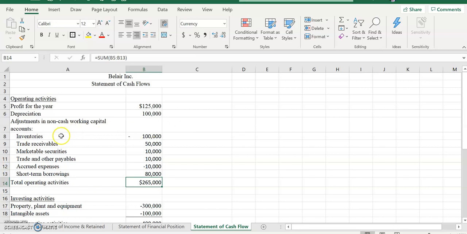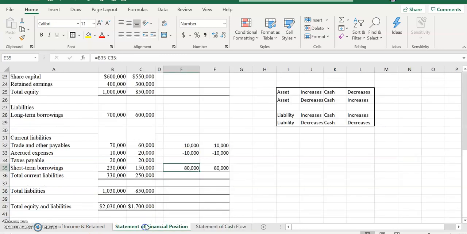So we had to add in all of our current assets. We had inventory, trade receivables, and marketable securities, and we had to include our current liabilities, which included trade payables, accrued expenses, and short-term borrowings. And then we had to figure out what direction those changes went.